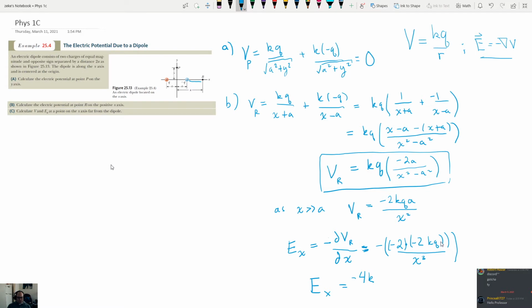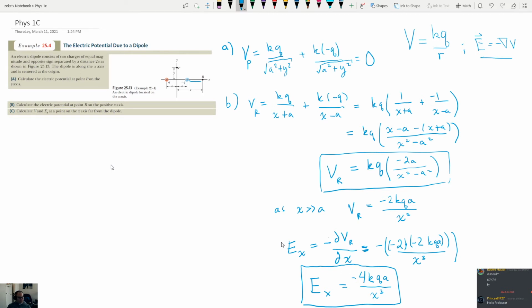There's still an a. So negative 4kqa over x cubed. We calculated this just using electric fields before, and we got the same 1 over x cubed dependence, although I think the one we did had the positive sign and the negative sign switch. So I think we got a positive number, but same result, basically.